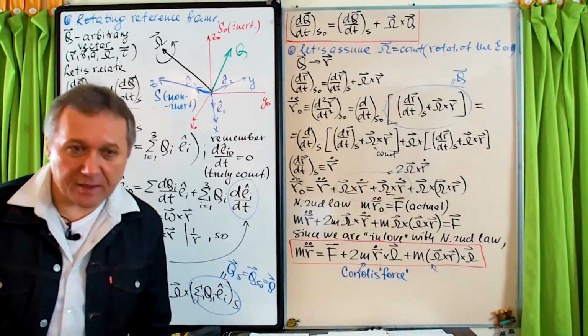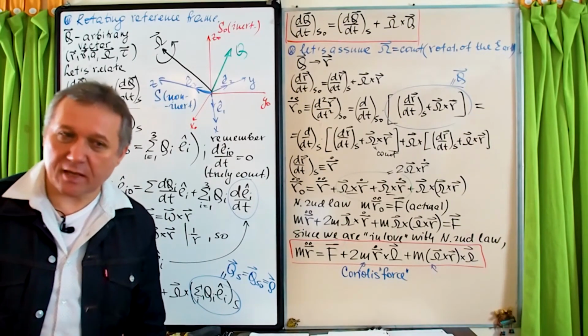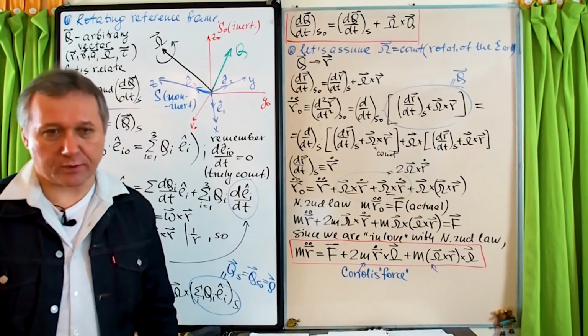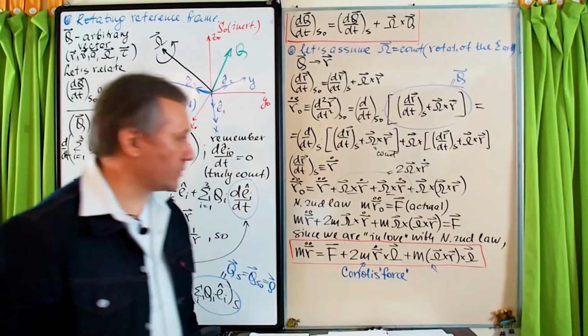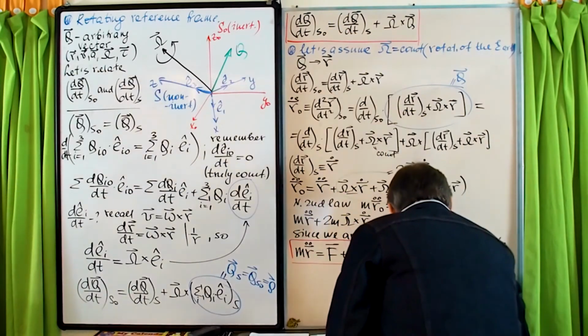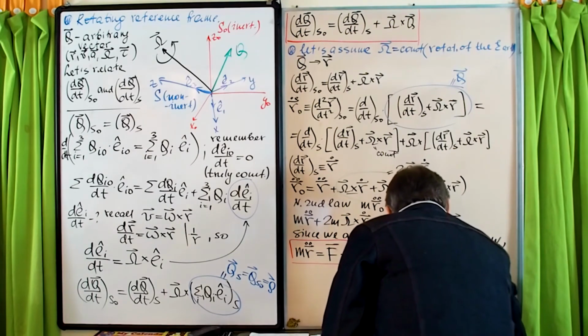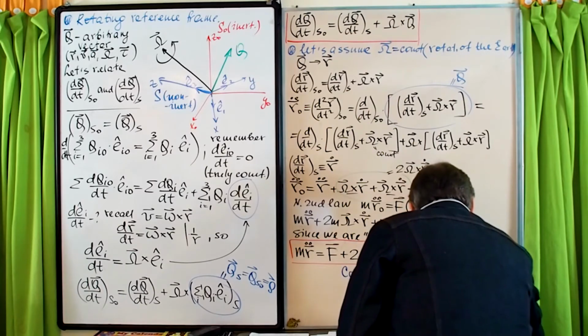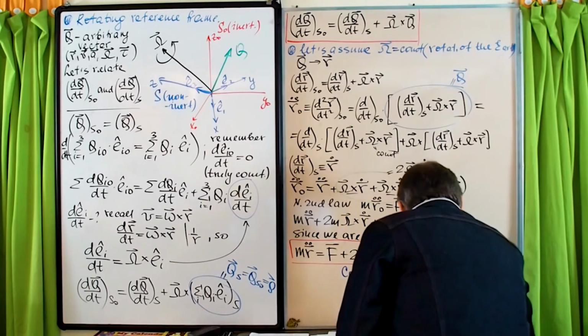But of course, they are fake, fictitious forces. They have nothing to do with real force. Again, forces come from interactions. So this is centrifugal, and again, all right, force.